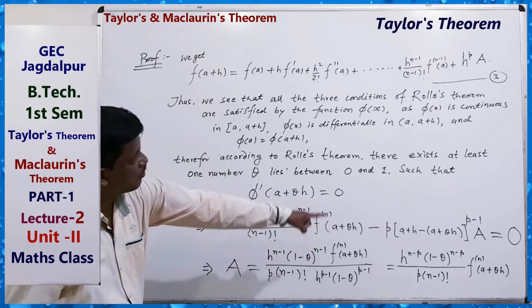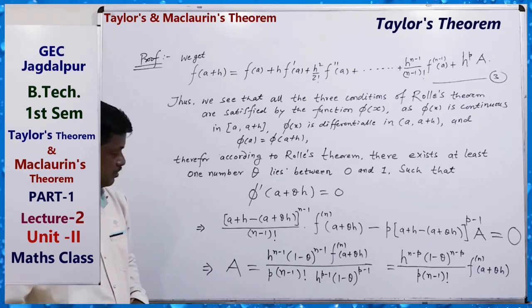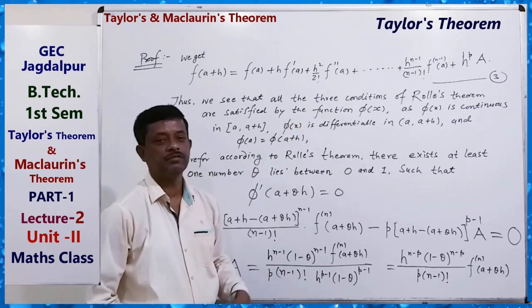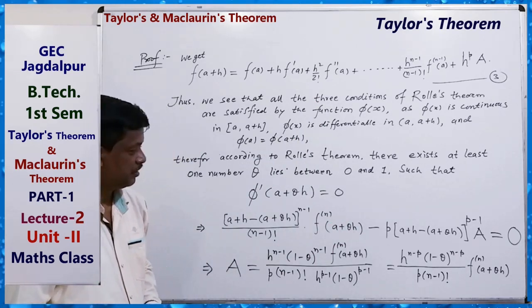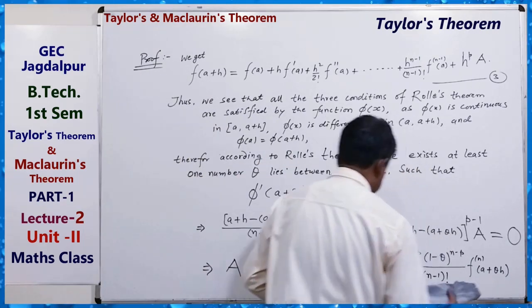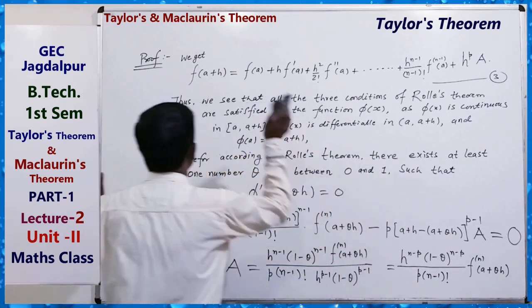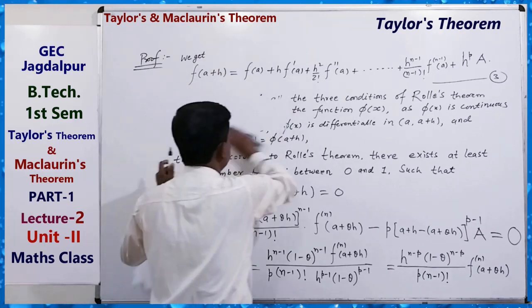Now put this value of the constant in equation third. Using this constant in equation third, we can get Taylor's theorem, where h is not 0 and 1 − θ is also not 0.